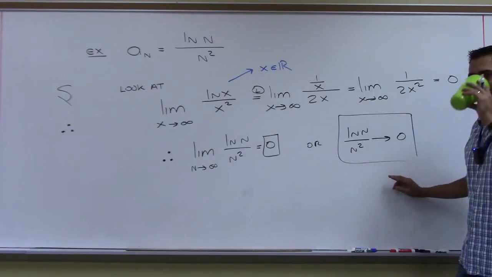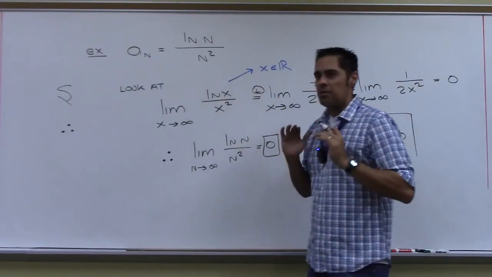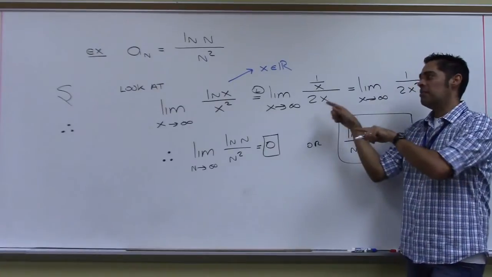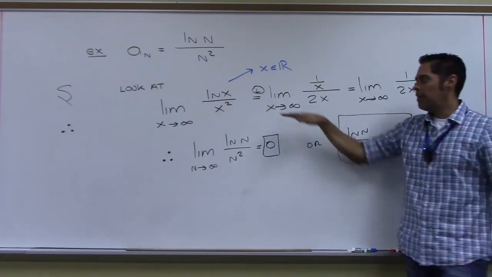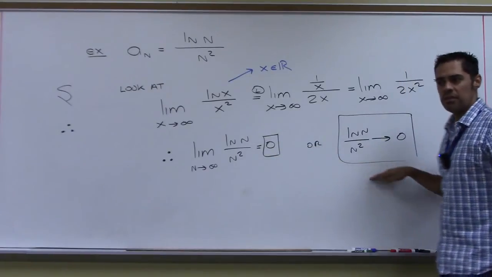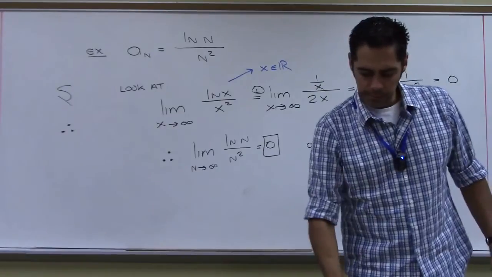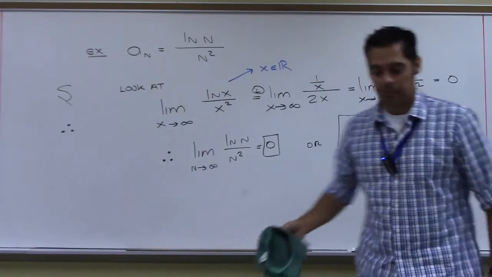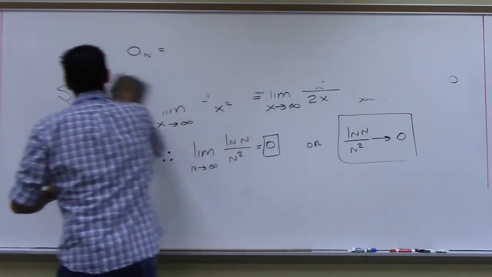Yeah. As long as you switch from n to x, I understand that you understand that this is now a function of x and you're drawing the whole curve nice and smooth. The theorem allows us to draw the conclusion that the sequence does the same thing. All right, we good?